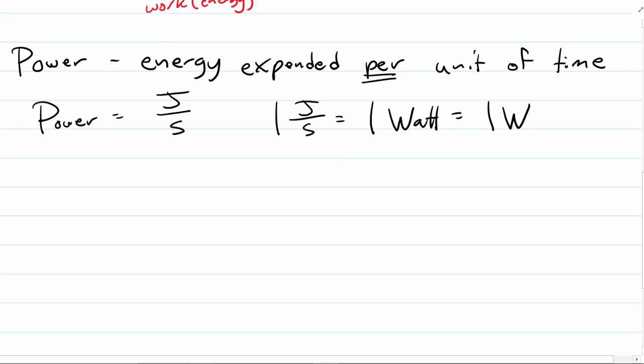Now some other units that we'll look at are the calorie. We say that 1 calorie is defined like this. First of all, we abbreviate it as cal.